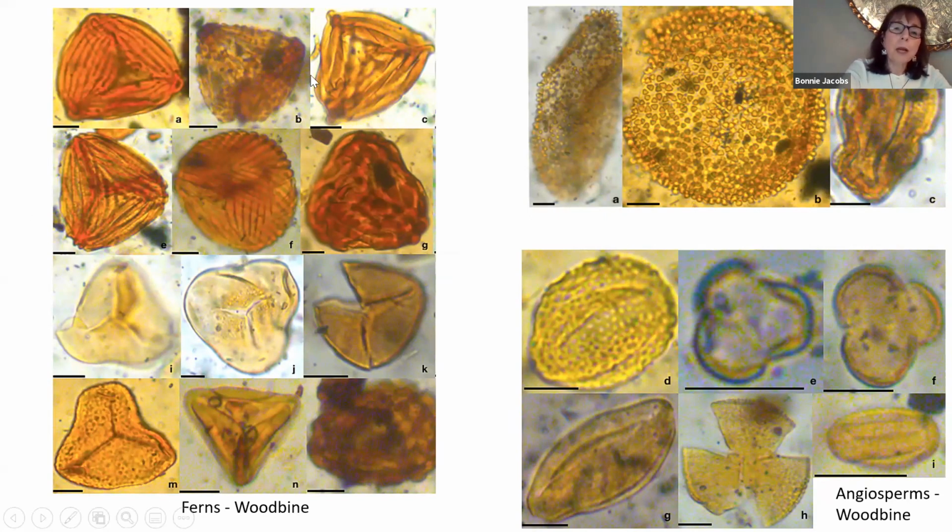They all have different kinds of ornamentation, so they have different names based upon their ornamentation. These are produced mainly by ferns. On the right side here, we have angiosperm pollen, not spores, but pollen, right? Because angiosperms reproduce a different way. And there's a fair diversity of angiosperm pollen.